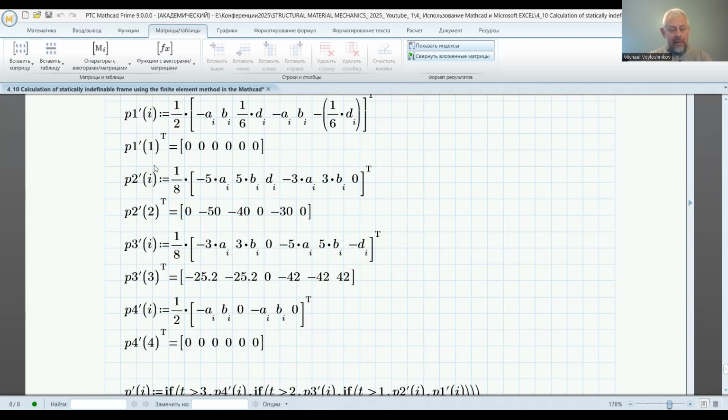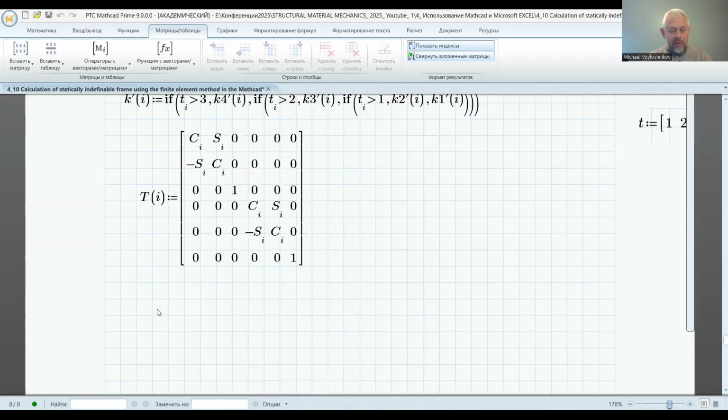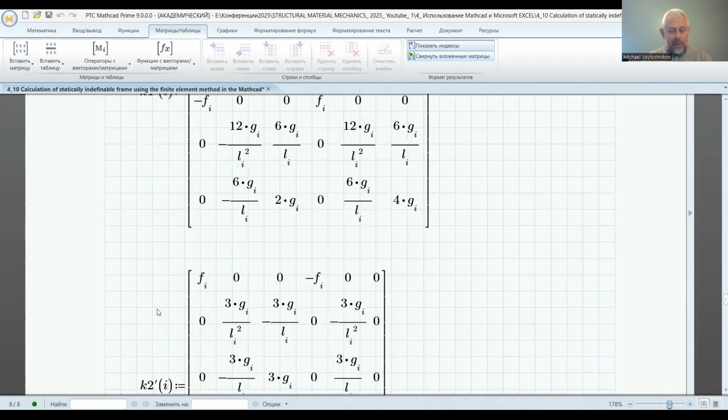At the same time, the 4 types of finite elements are predefined above.